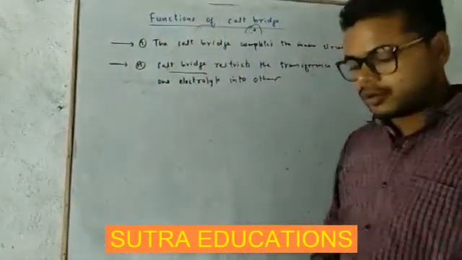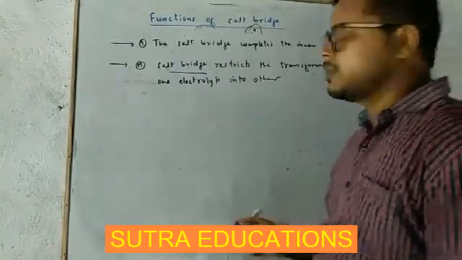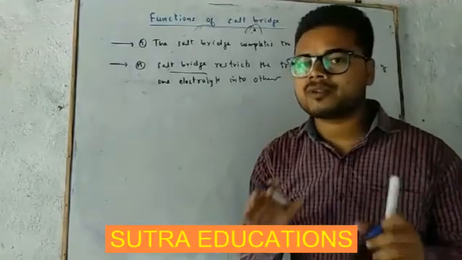Salt bridge allows only ions to pass through it. Getting this? Salt bridge does not allow the electrolyte to pass through it.